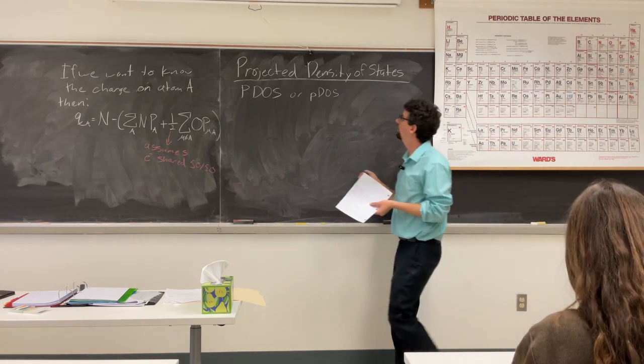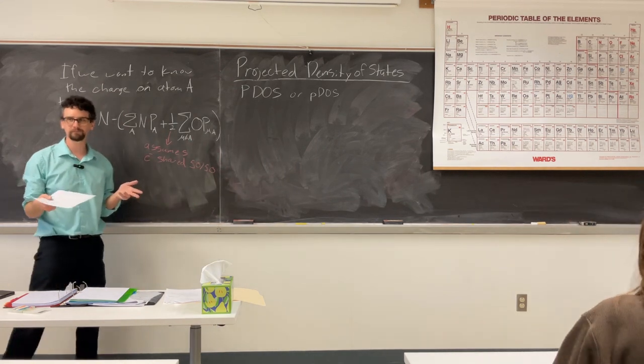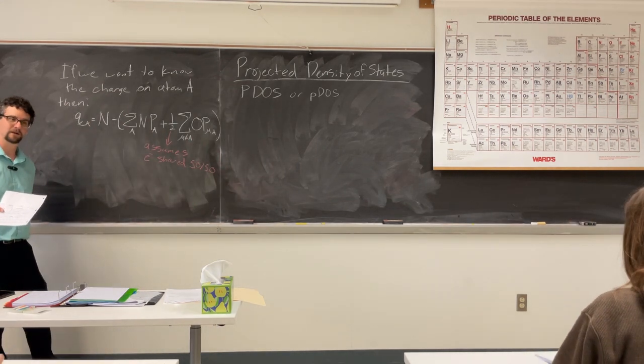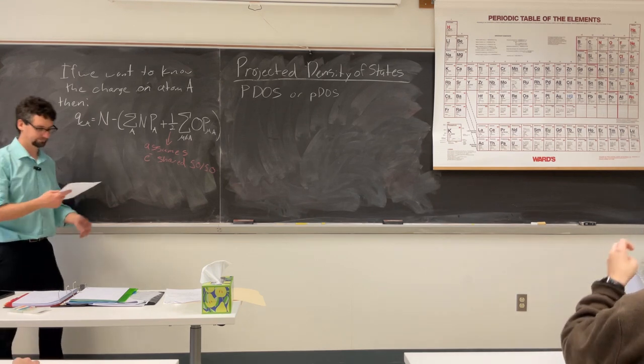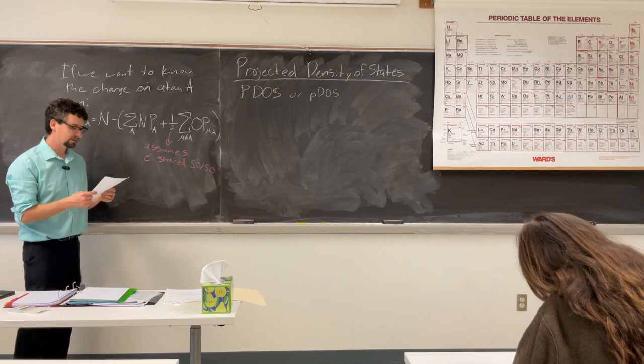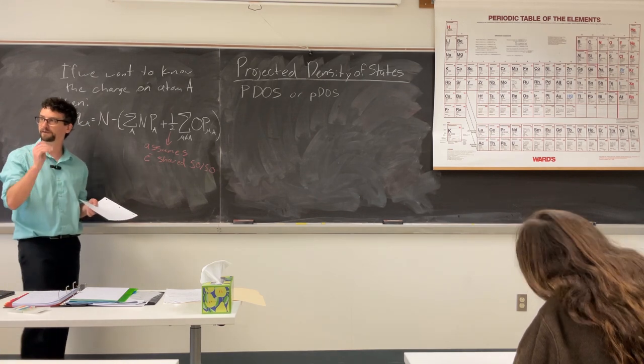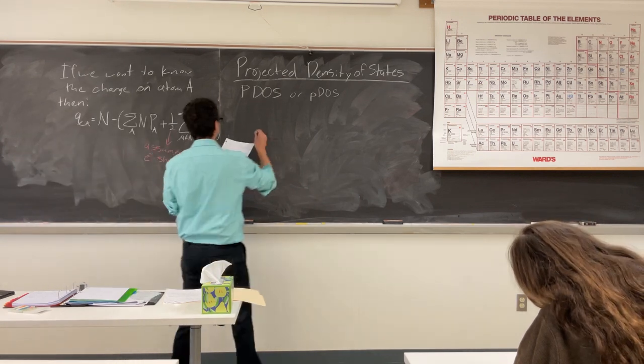Physicists sometimes call this localized density of states. There's a couple other names for it too, but I'm going to call it PDOS. What this allows us to do is see contributions from either atomic orbitals or MOs to the DOS.